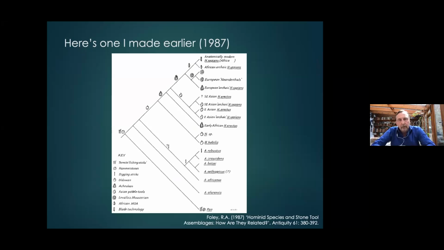The whole phylogeny is as we were thinking about it then, and there's much greater diversity. But the point I was trying to make was that if you looked at it, you could see a pattern that implied there was an underlying biological basis for different stone tool technologies and the capacities for them.